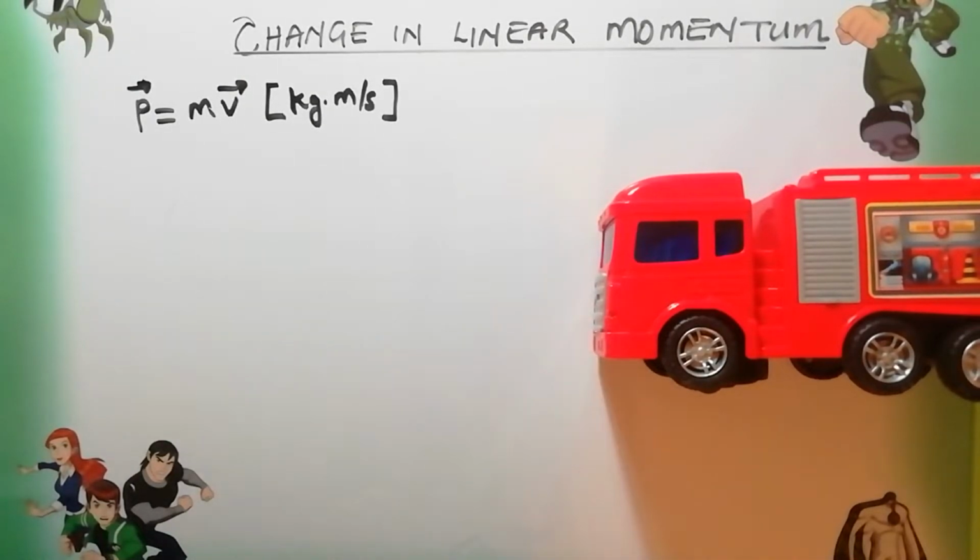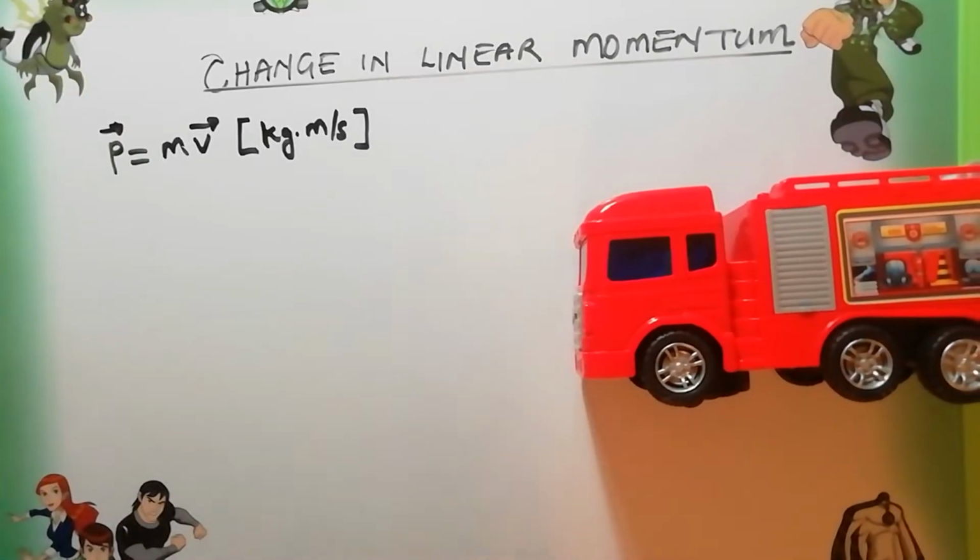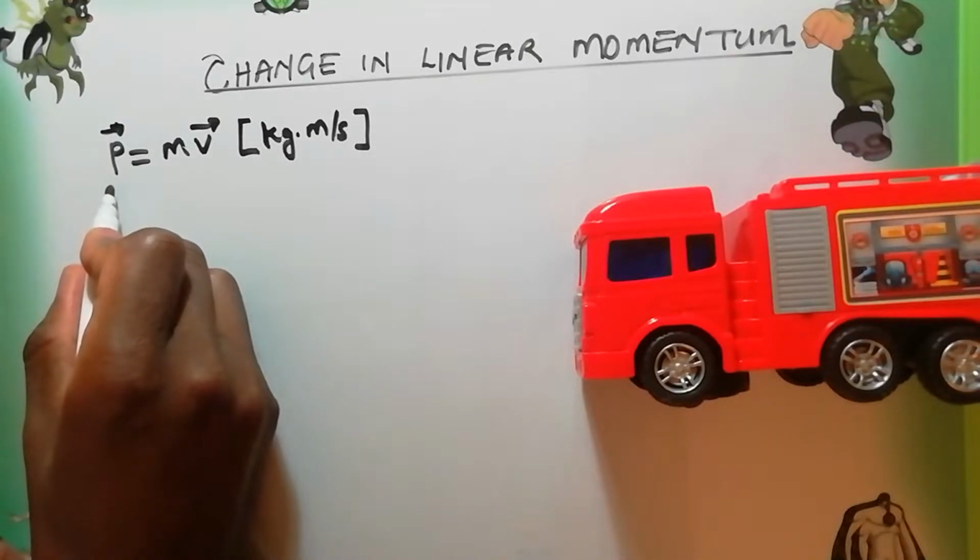Can you think of any reasons why it is not moving? One of the reasons why this truck is not moving is because it does not have what you call the velocity. And if it does not have the velocity, its momentum will be zero.